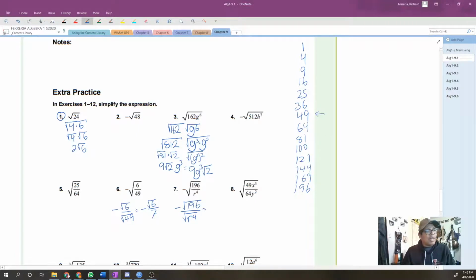So the square root of 196 is 14. R to the 4th is r squared times r squared, so this is r to the 2. Notice the shortcut here is just to divide that power by 2. And that takes care of number 7.